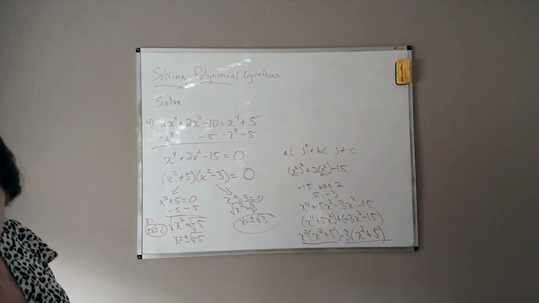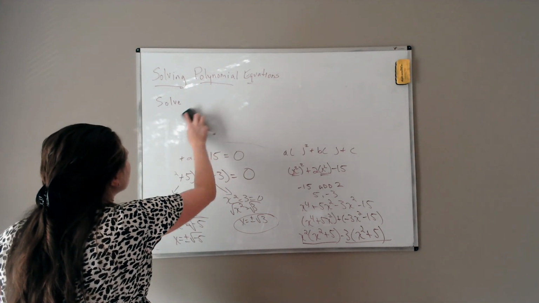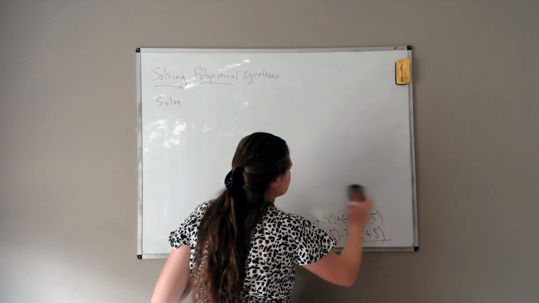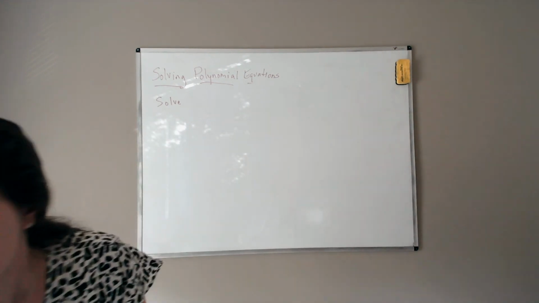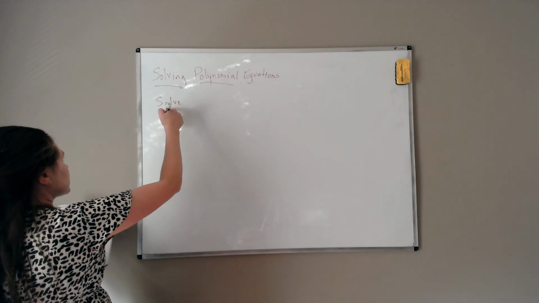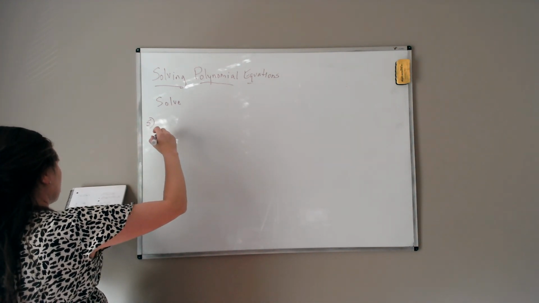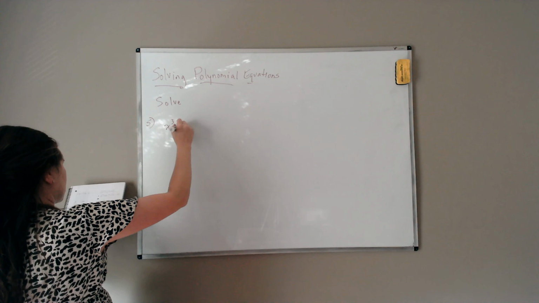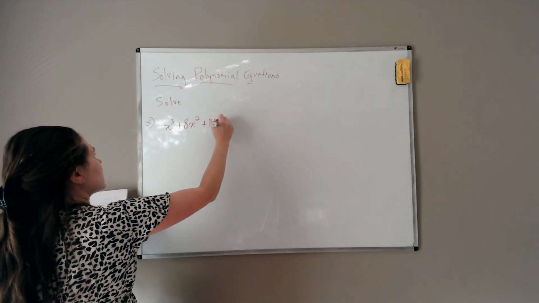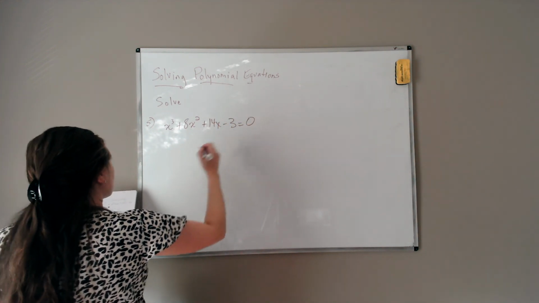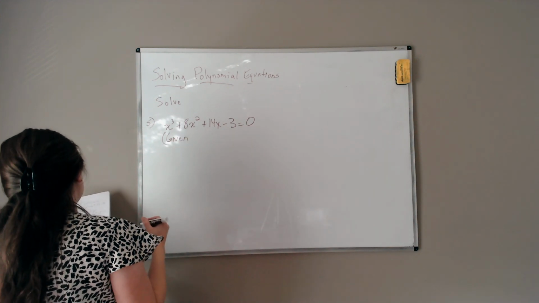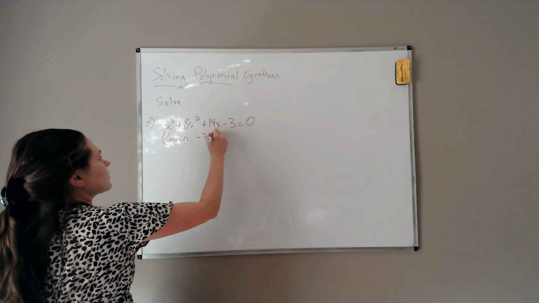So here's the problem. Number 5. We're going to solve x to the 3rd plus 8x squared plus 14x minus 3 equals 0, and you're going to be given negative 3 is a solution.